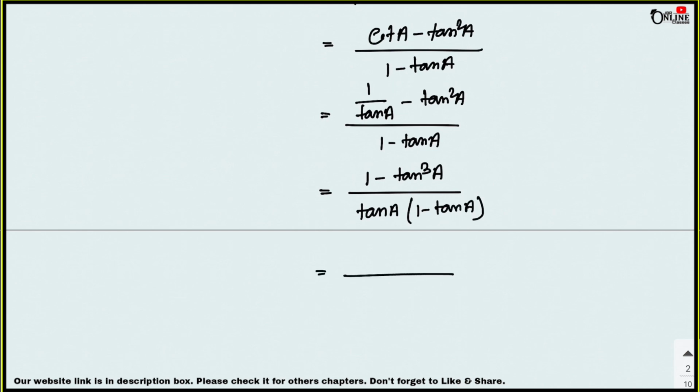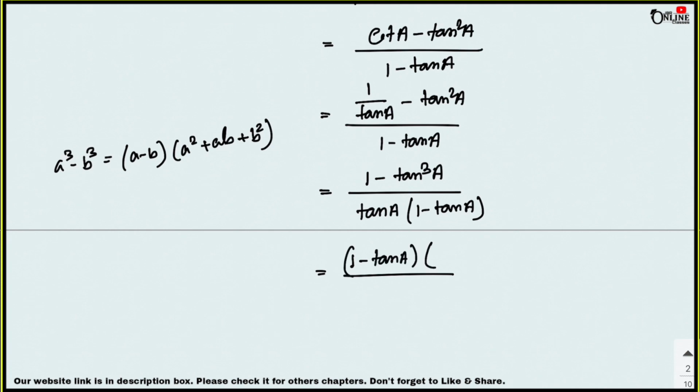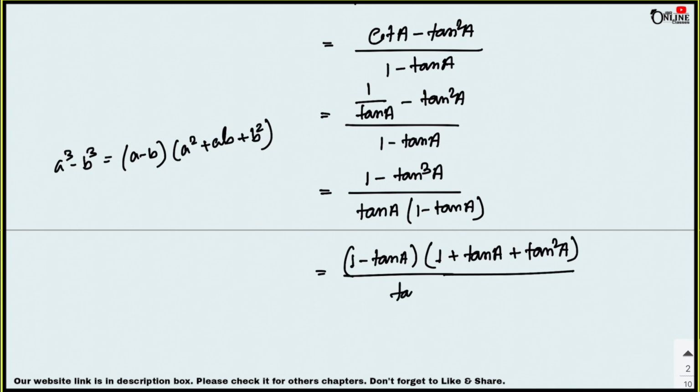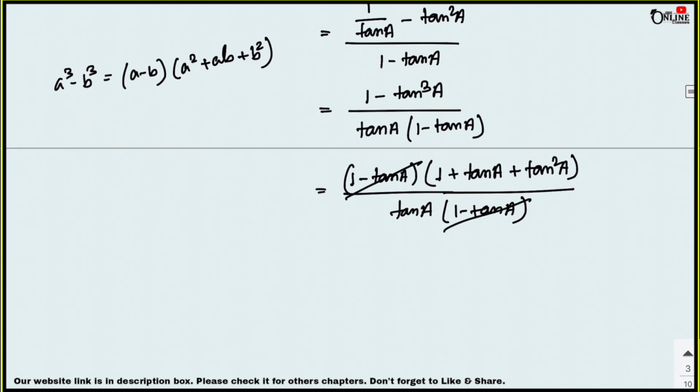Now 1 minus tan cube A is the formula of A cube minus B cube, and you know the formula: it's A minus B into A square plus AB plus B square. So here 1 minus tan A, it's A minus B, then A square means 1, plus AB means tan A, and then B square means tan square A, divided by tan A into 1 minus tan A. So 1 minus tan A and 1 minus tan A cancel out.